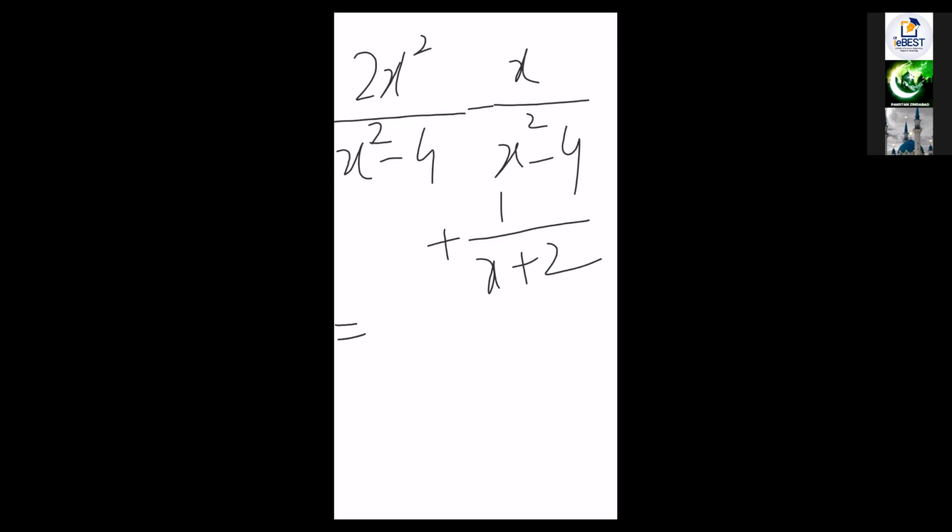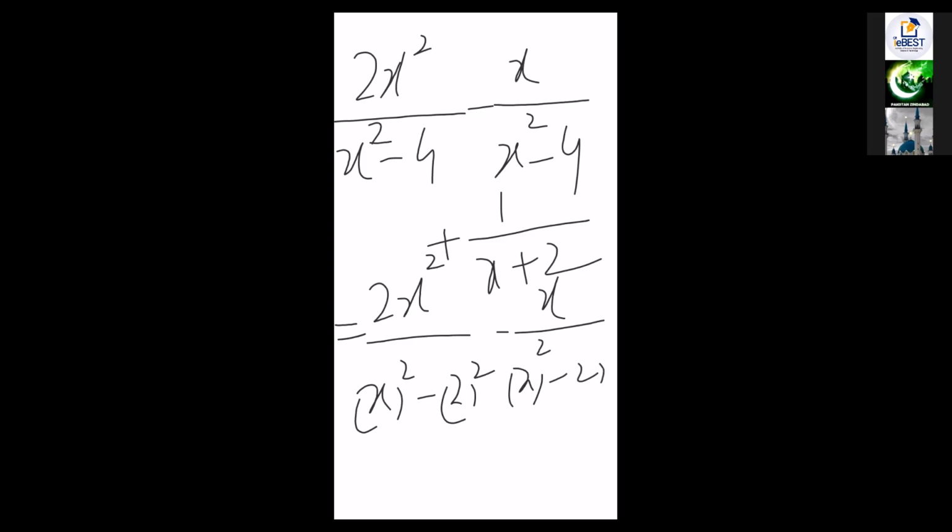Exactly. Very good. Then you can do x plus 2 and x minus 2. x squared divided by x squared minus 2 squared, minus x divided by x squared minus 2 squared, and the rest of the thing will be 1 divided by x plus 2. Yeah. Okay, so now I'm raising the question.